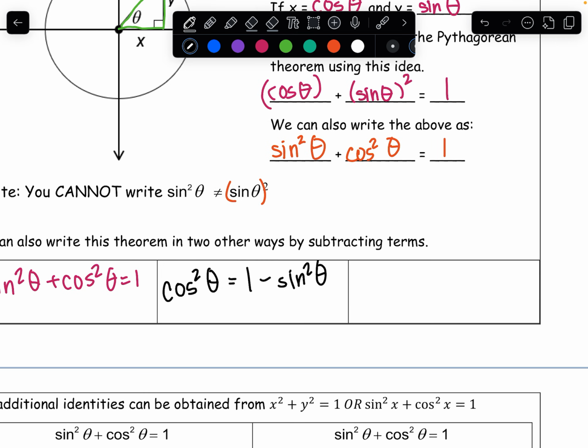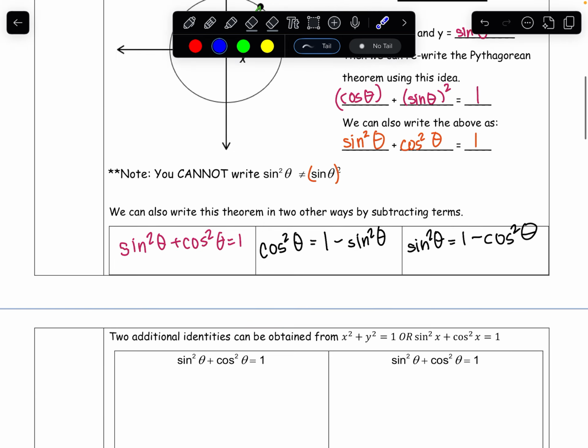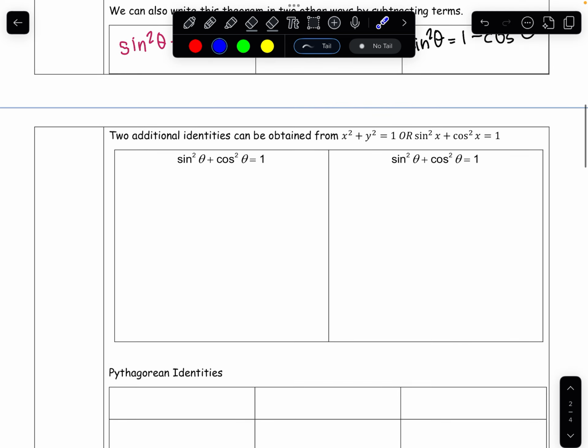Then, if we do the other one, we can get sine squared theta equals 1 minus cosine squared theta. Now, unlike above where we changed the order, we can't change these orders because the sign of the trig value does matter.